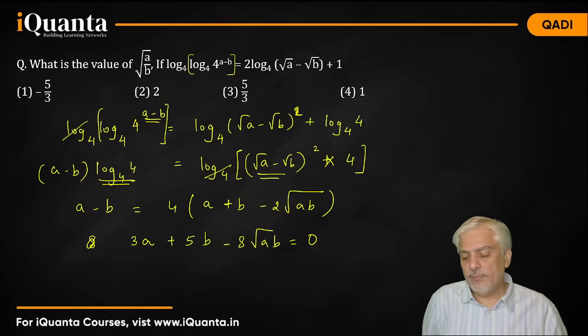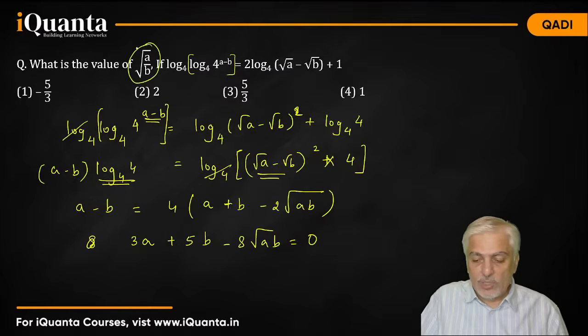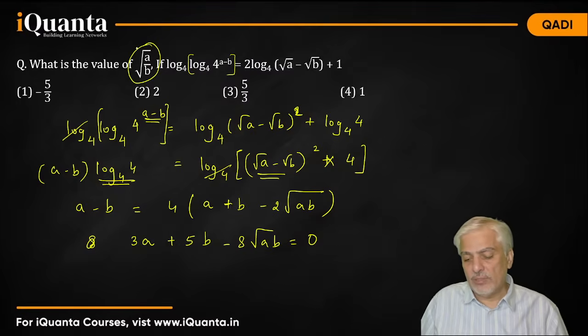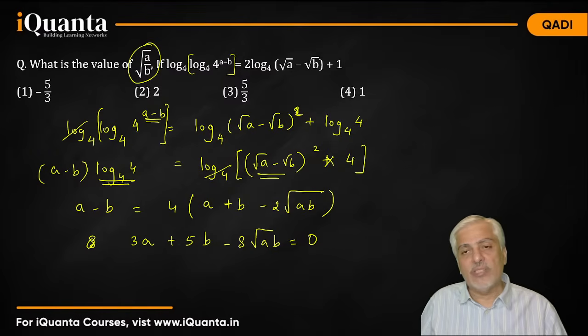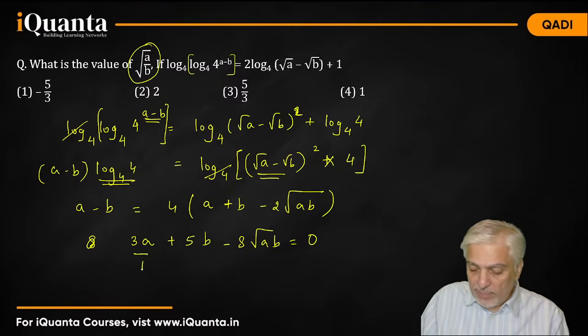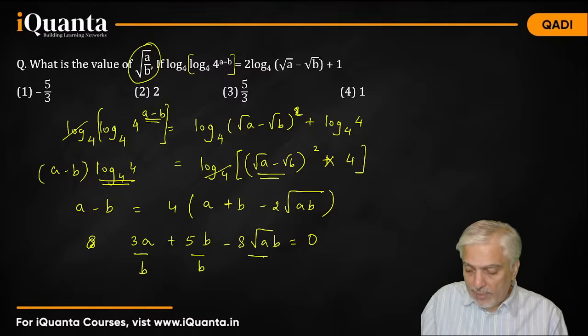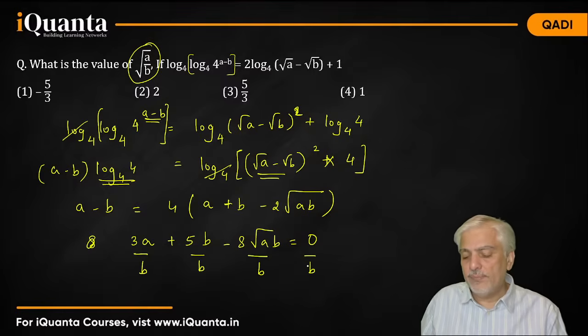Okay. This can be factorized, but don't factorize it now. I want to find this. So try and get everything in these terms. If you divide both sides by b, what will you get? 3a upon b.